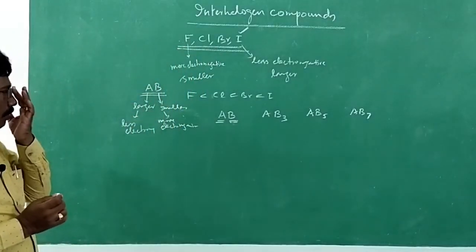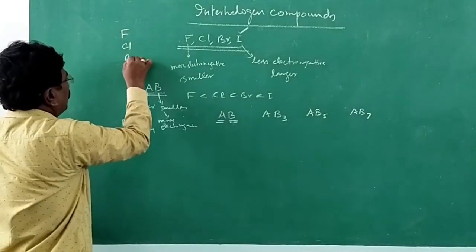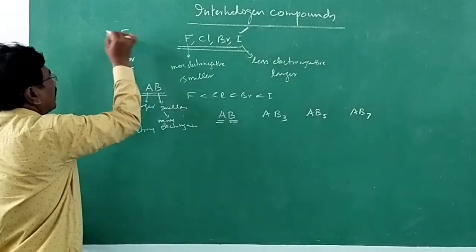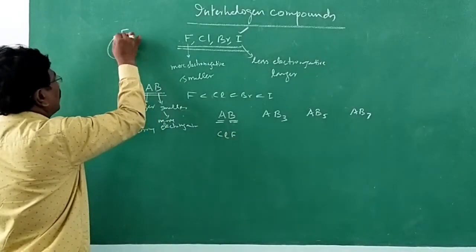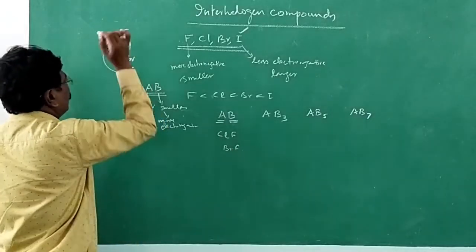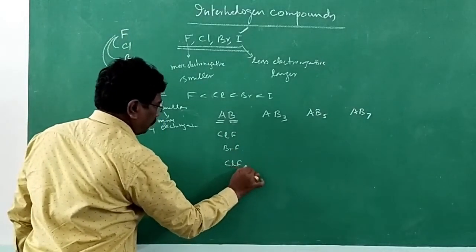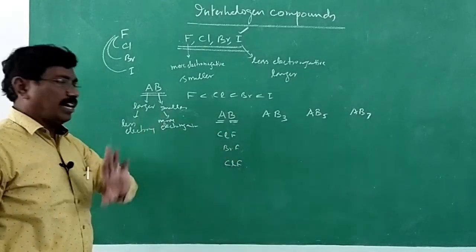Alright. Now, between F, Cl, Br and I, between Cl and F, we can get a compound. Between Br and F, yes. Chlorine fluoride, bromine fluoride.